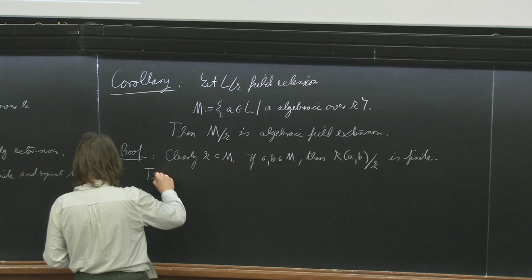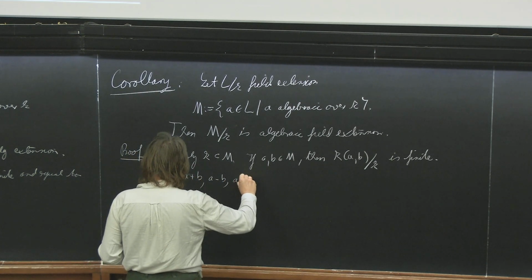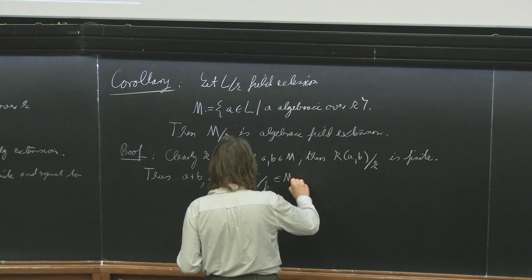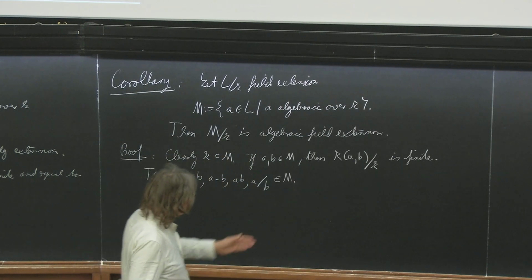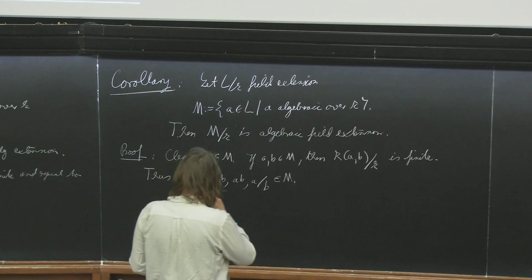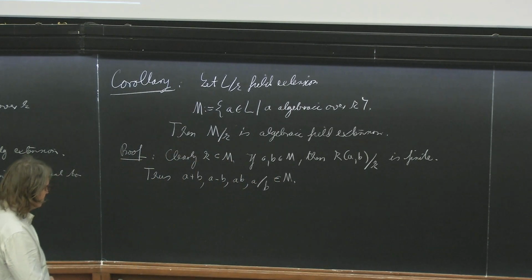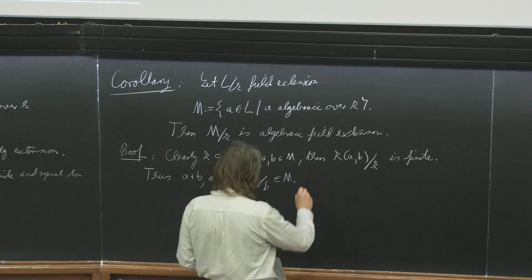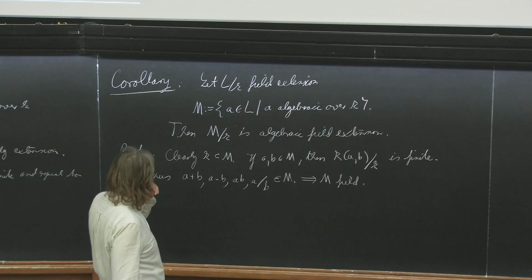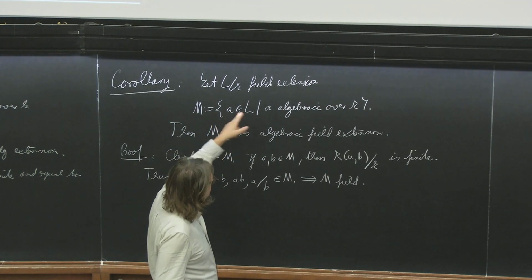So thus, whatever A plus B, A minus B, A times B, and A over B lie in M. Now they lie in K(A,B), and so therefore they lie in M. And so it follows that M is a field. It contains K, as I said, and by definition, M over K is an algebraic field extension because we have precisely required that every element of it is algebraic over K.